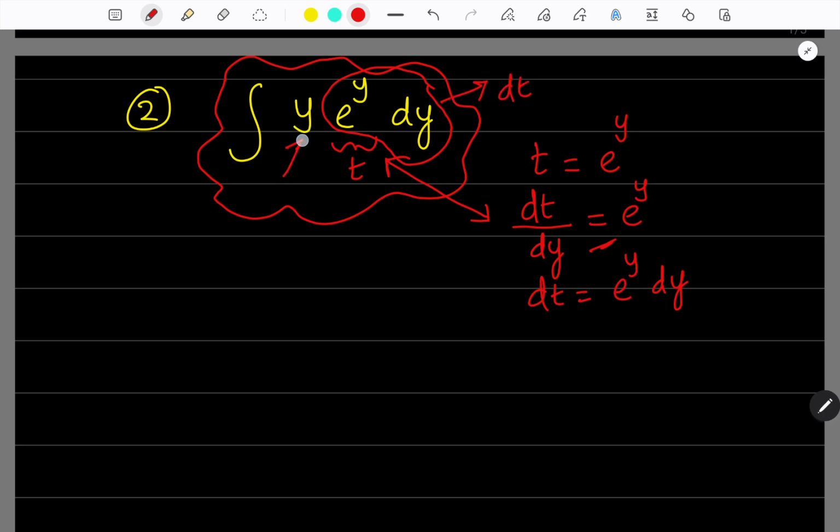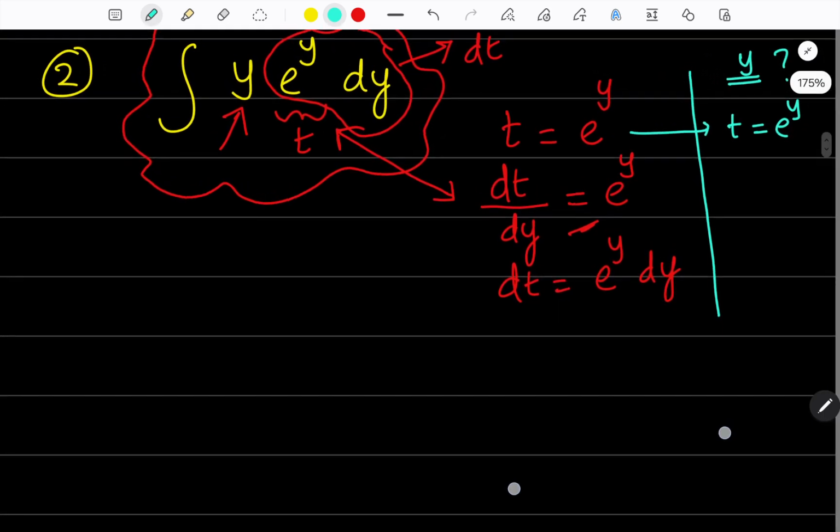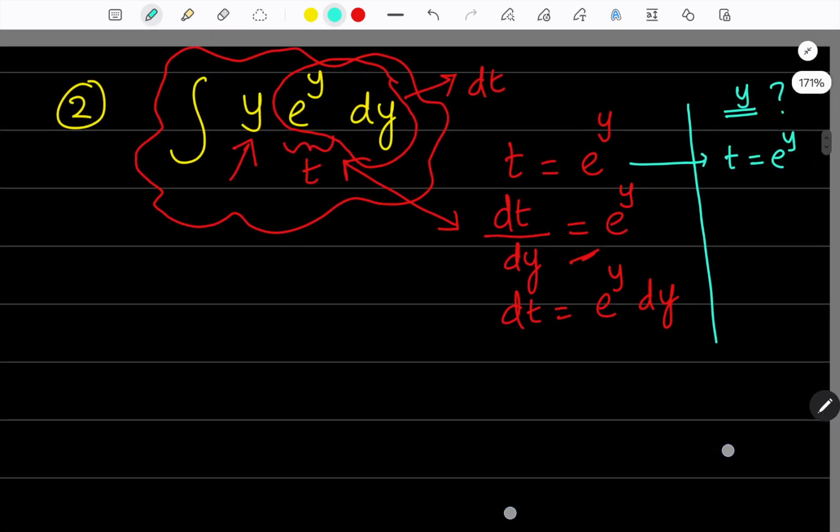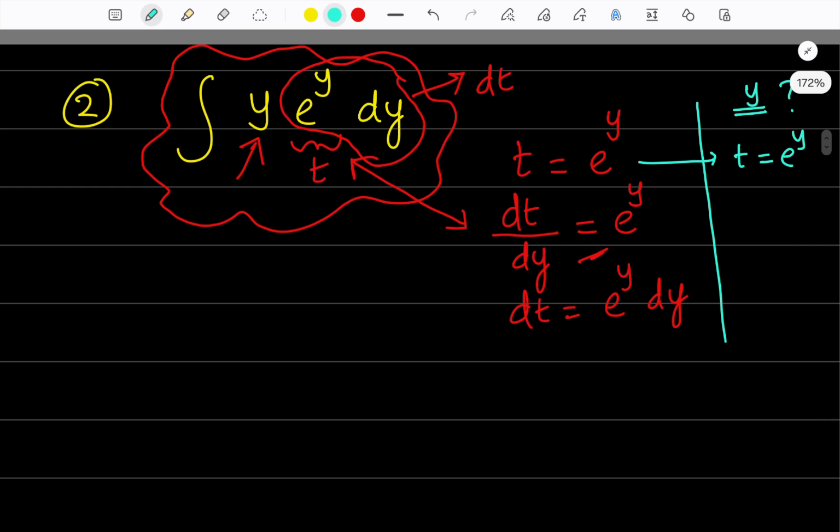So what about this y, right? What I'm going to do now is get the value of y in terms of t. So we have an equation t is equal to e power y, right? So y is locked inside e. Can you see that?